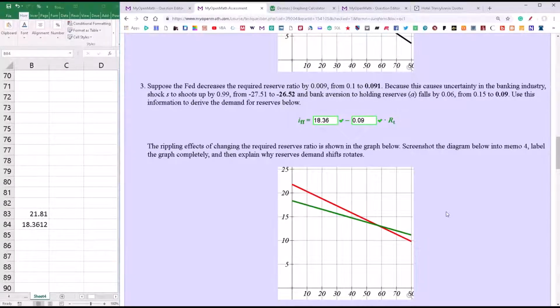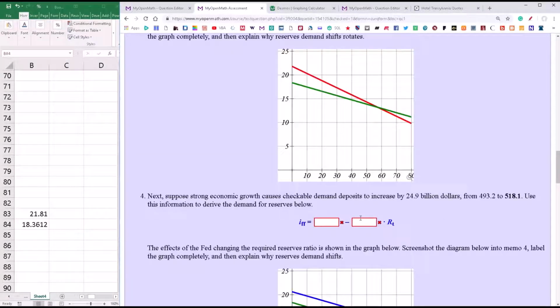Okay. Now suppose there's strong economic growth, and that causes checkable deposits to increase by $24.9 billion from what it was to 518.1. Okay. So all we're going to do here is go to the green intercept of 18.3612, right?